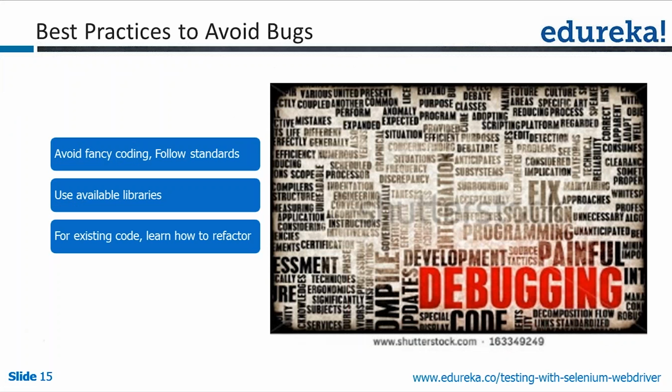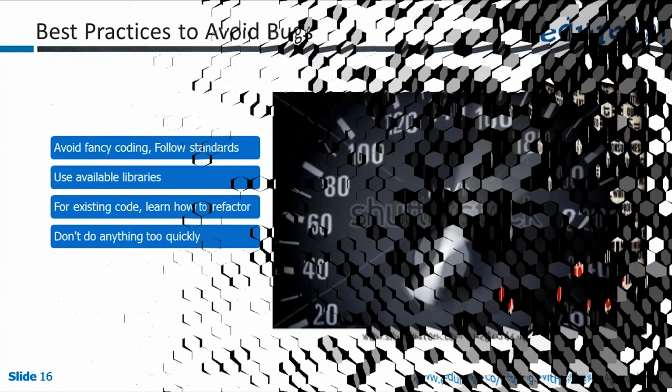By refactoring, you are not breaking someone else's code. You are changing only the behavior. The signature remains the same, so the code remains the same, but the behavior changes a bit. So instead of changing the entire code, we should learn how to refactor our code. The fourth is, don't do anything too quickly.